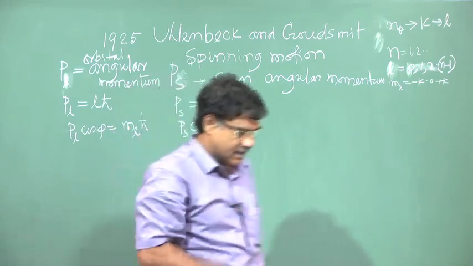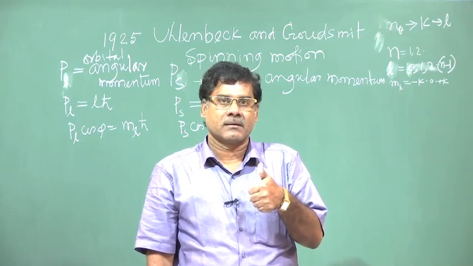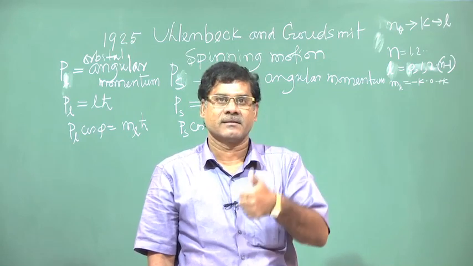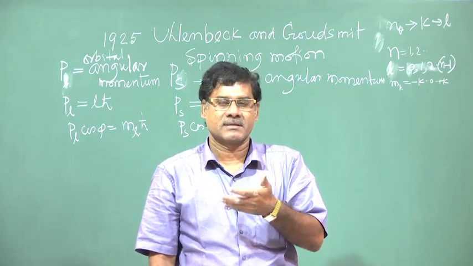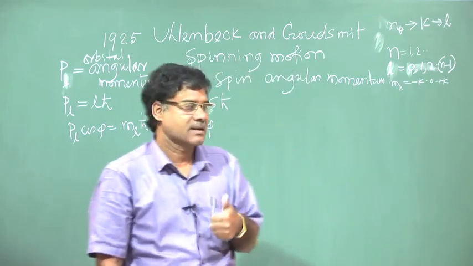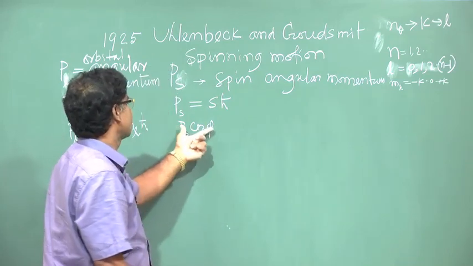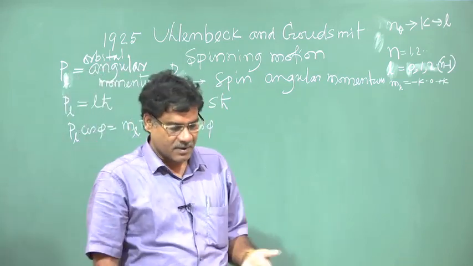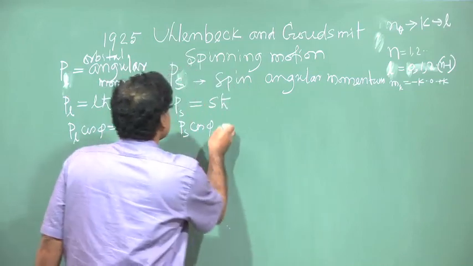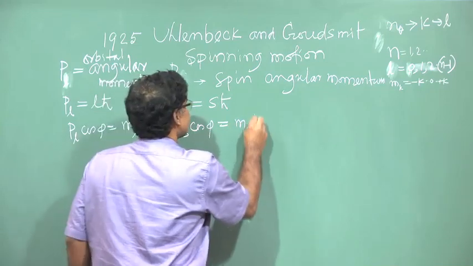Again, because cos phi is quantized in the same fixed direction in space, whether it is the direction of the magnetic field or any fixed direction in space. This phi may not be the same, it may be different, but the concept is the same, the angle in space. So, this also one can write as MS h cross.